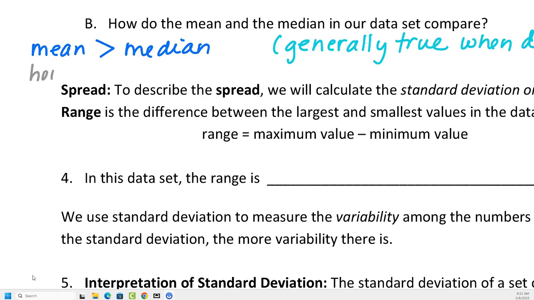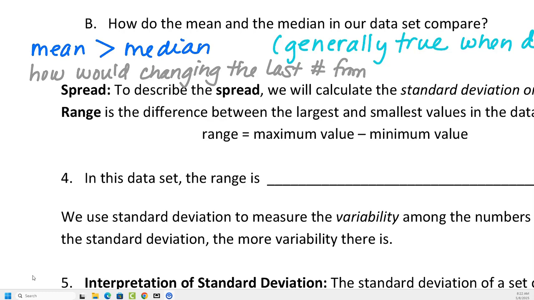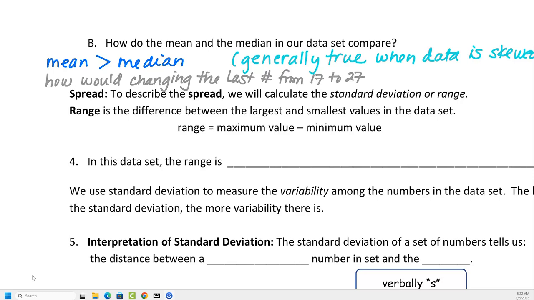How would the data, let's say, changing the last number from 17 to 27 affect the mean?